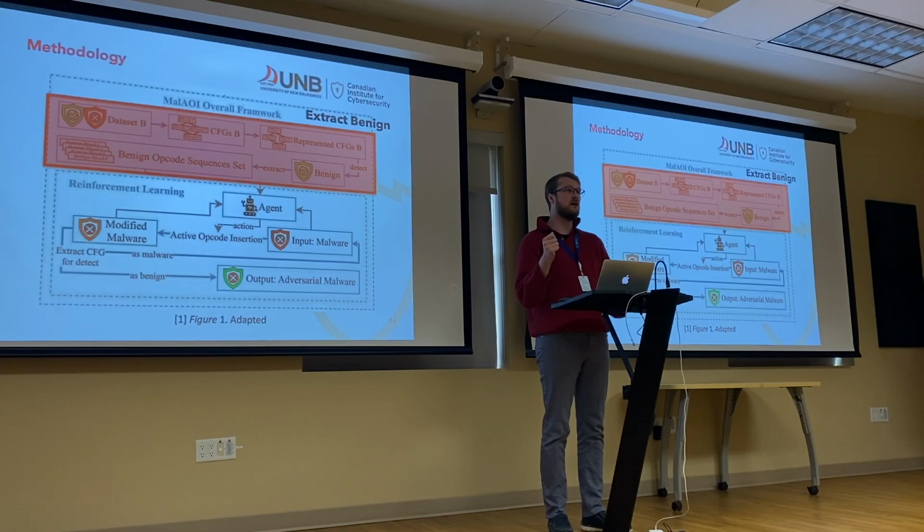It's going to figure out an optimal strategy for inserting that benign code into the malicious code in such a way that when we run our previous model, it will be classified as benign. And it will learn to do this better and better over time. So that's the high level overview of what's going to take place.